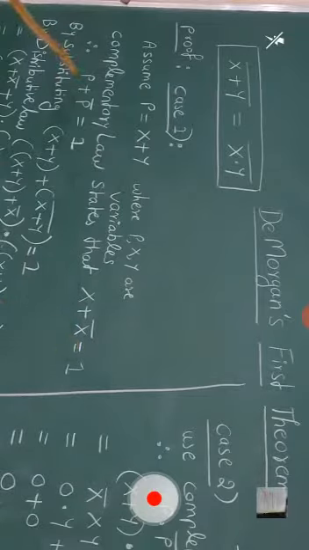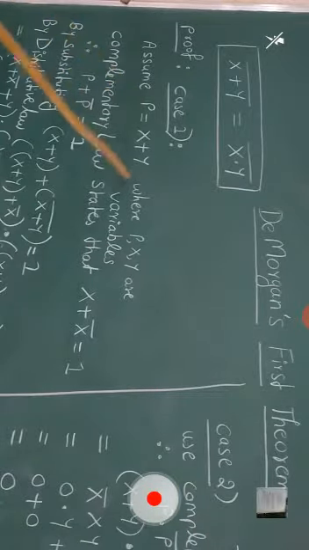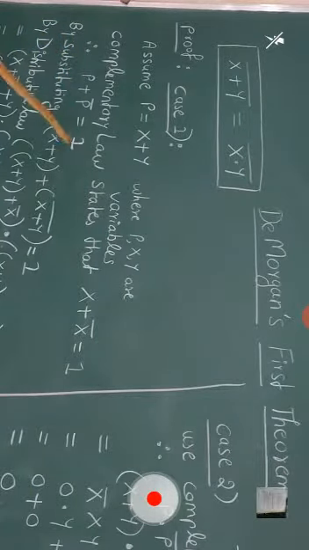what will happen is we have assumed p is equal to x plus y, and hence we will get p plus p bar is equal to 1. Hence, by substituting the values of p and p bar, what I will get is (x plus y) plus (x plus y) whole bar is equal to 1.